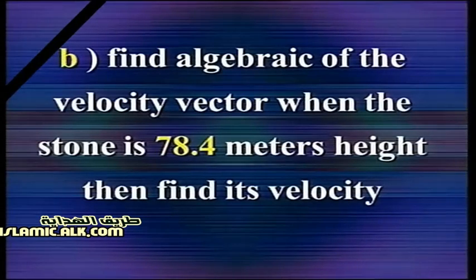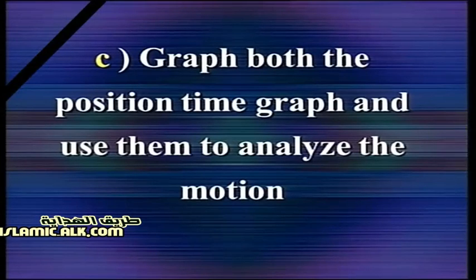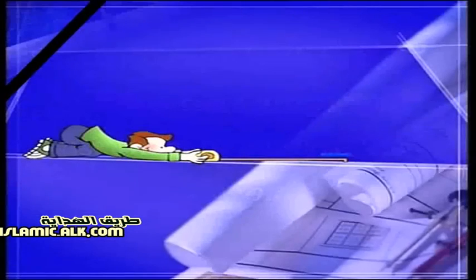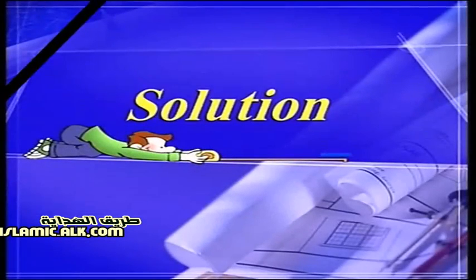Find the algebraic value of the velocity vector when the stone is 78.4 meters high. Then find its velocity. Part C: graph both the position-time graph and the velocity-time graph, and use them to analyze the motion. Solution. Look, student.